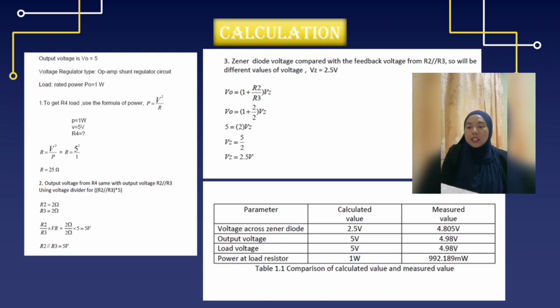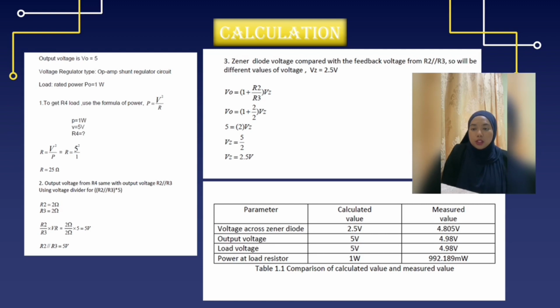Lastly, in the table, the calculated value and measured value will be similar or slightly different. The first parameter is the voltage across the Zener diode. The calculated value I get is 2.5 volt, and the measured value is 4.805 volt. The output voltage is 5 volt, and the measured value is 4.98 volt.